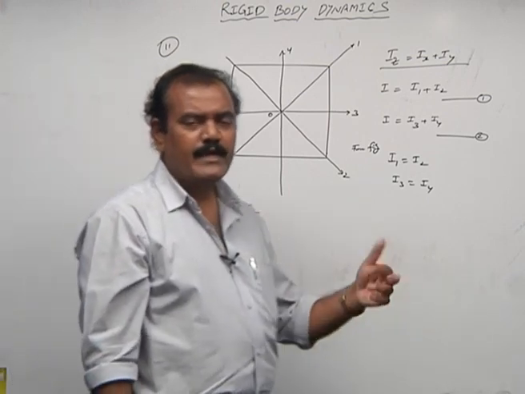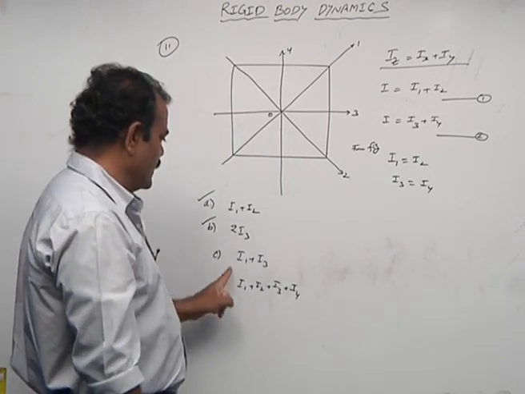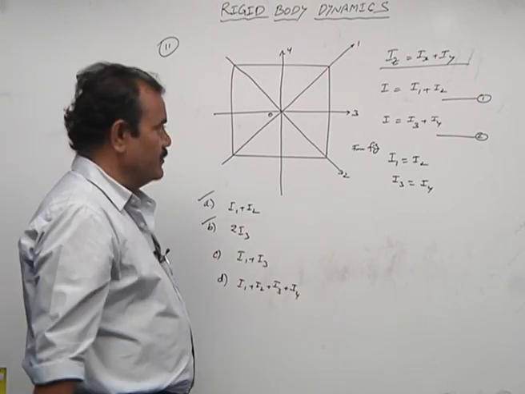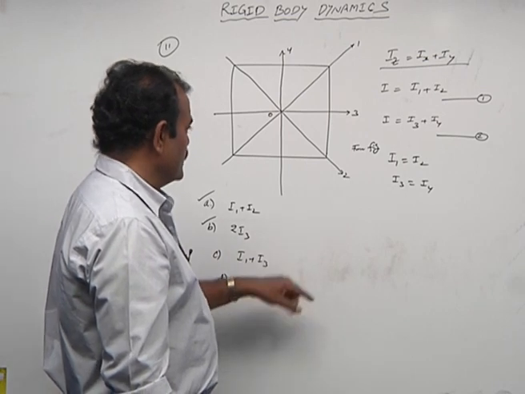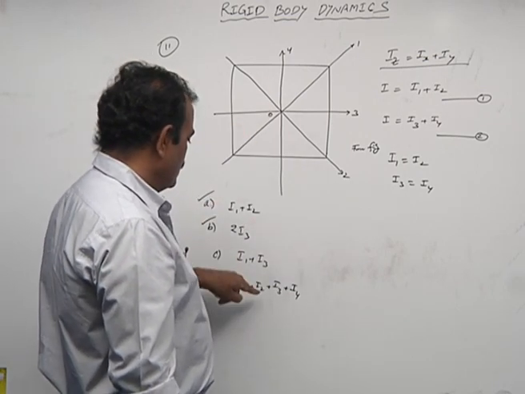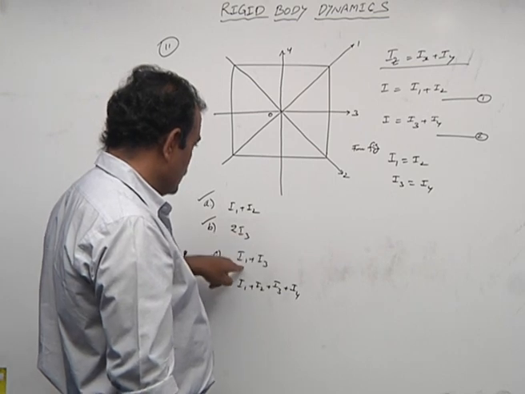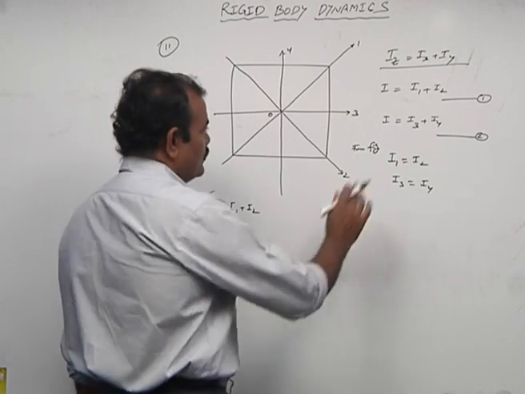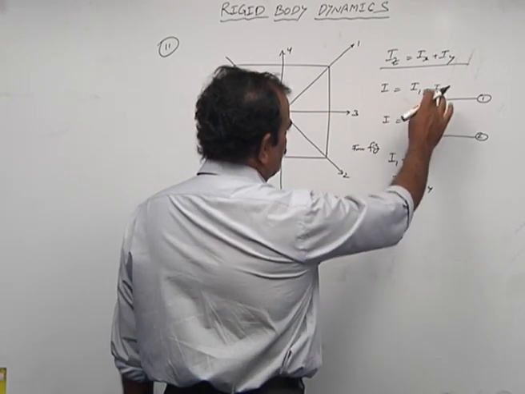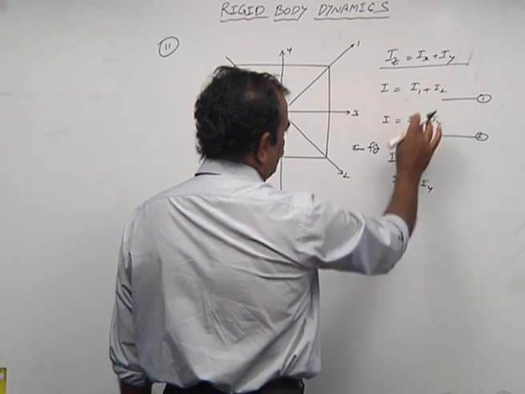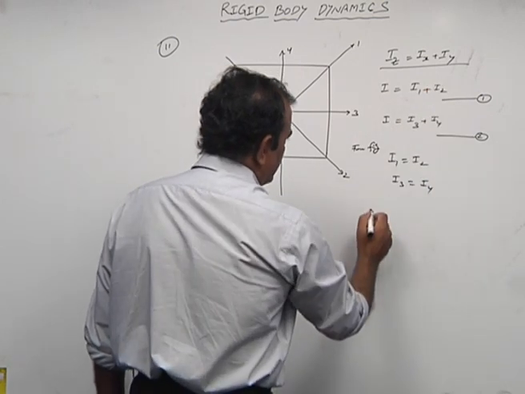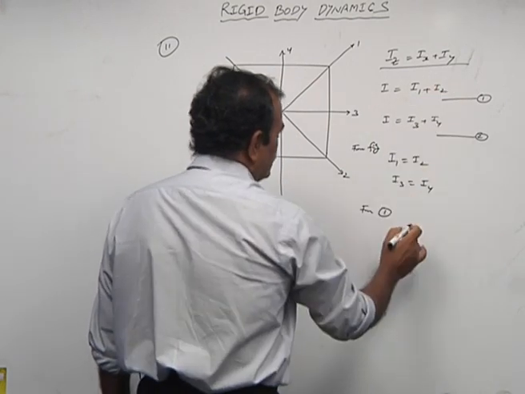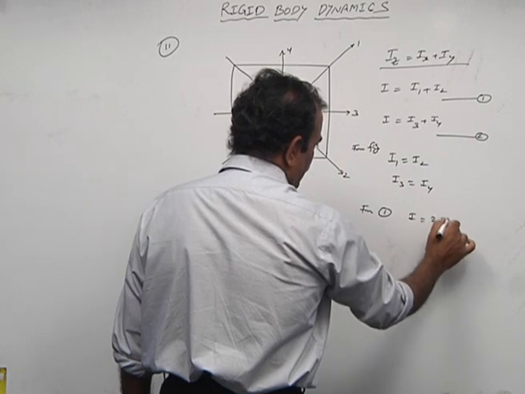We have to check the remaining two. I1 plus I2 plus I3 plus I4 definitely cannot be the correct answer. So we only have to check whether I1 plus I3 is correct or not. Taking I1 in place of I2, I is equal to 2I1.